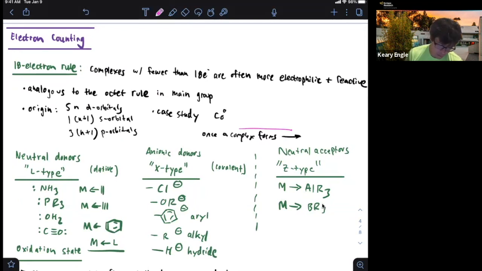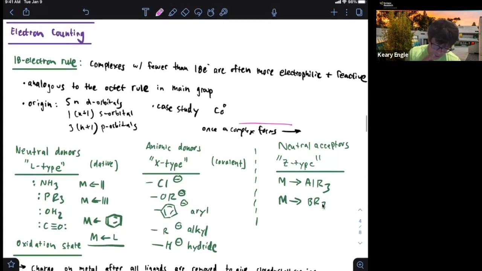And so to introduce this form of accounting, which we'll call electron counting, I'll introduce a few guiding principles. One is the 18 electron rule. And this rule, which I think in the Hartwig textbook, he doesn't like this term 18 electron rule.